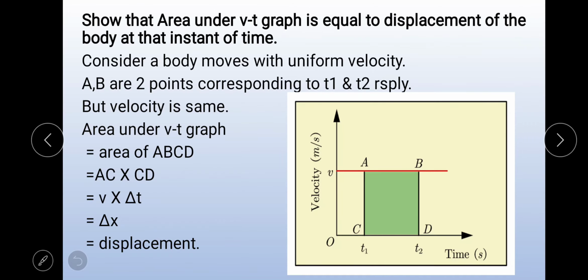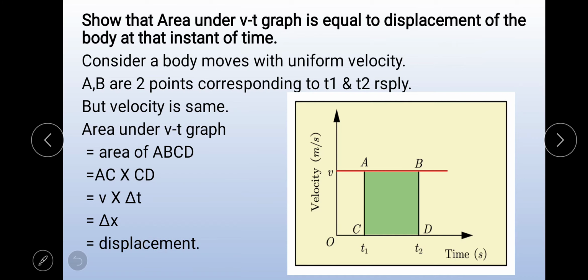Again, this is a 3-mark question. Show that the area under the VT graph is equal to the displacement of the body at that instant of time. For this, consider a graph of a body moving with uniform velocity.